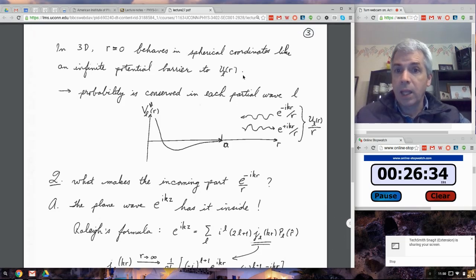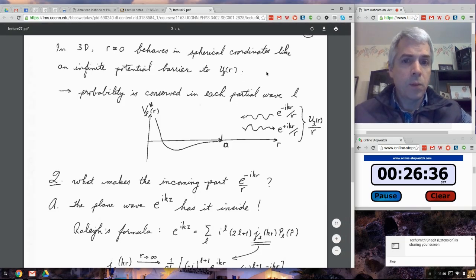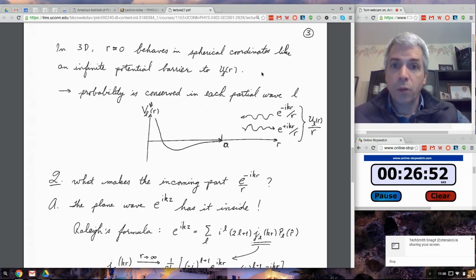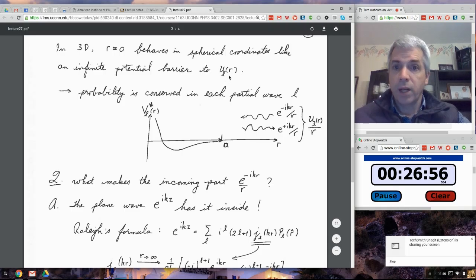I'll review that later on, just in case that didn't quite communicate. But we're following the standard thing that we did in the hydrogen atom. We're converting a 3D problem into a 1D problem, where we make part of the angular part of the kinetic energy as if it were a potential, and move it into the potential for an equivalent 1D problem, where the wave function in 1D is this u of r.